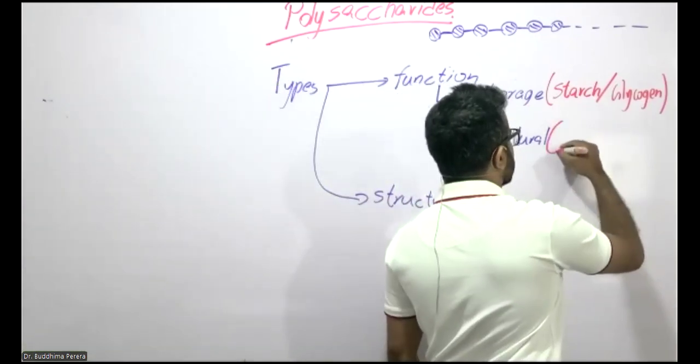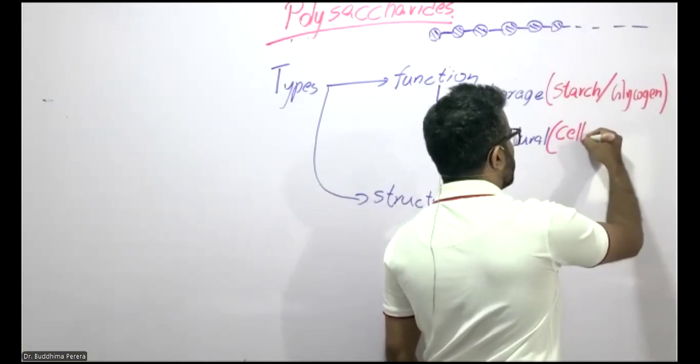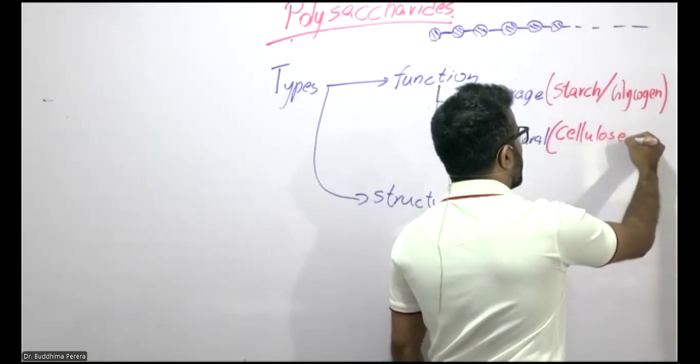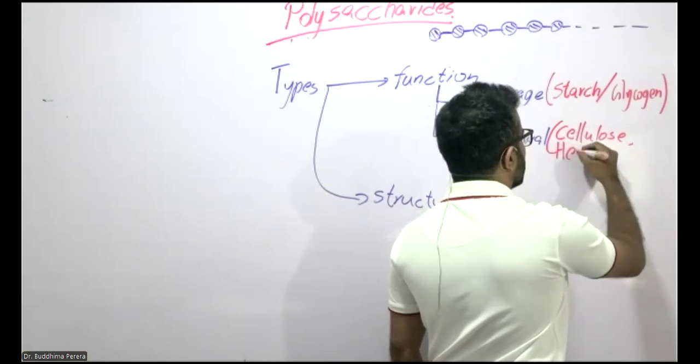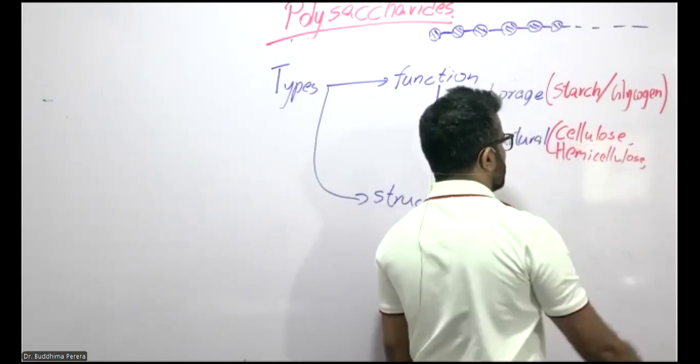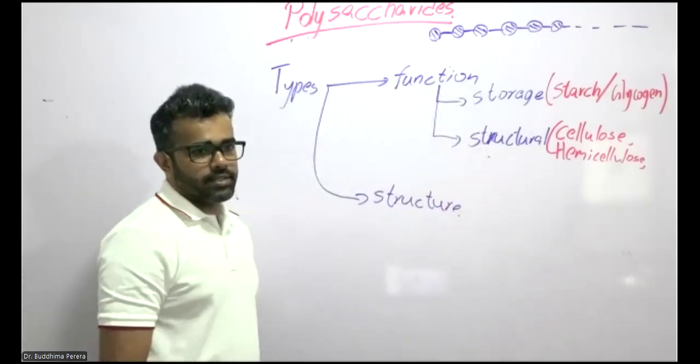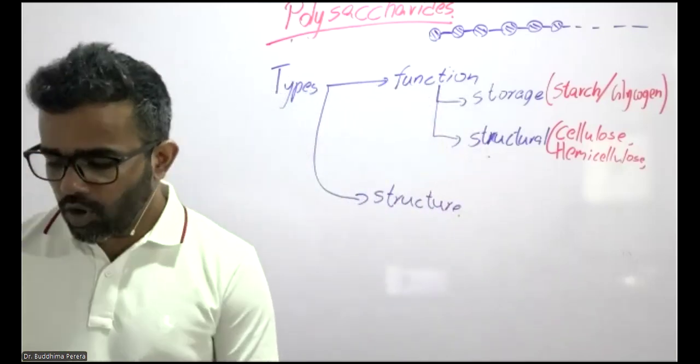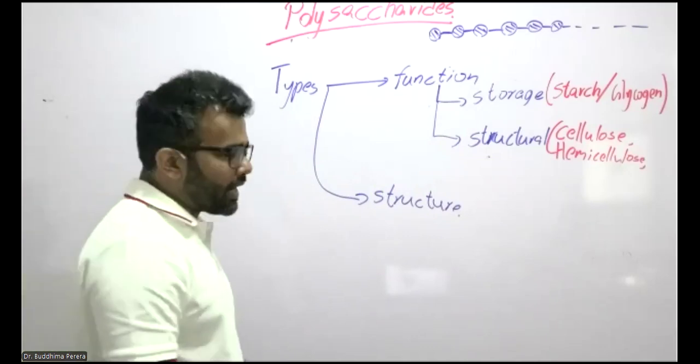Cellulose, you know cellulose. Cellulose is in the cell wall of the plant cell. Then hemicellulose, also a polysaccharide. Cellulose, hemicellulose. Then also pectin.